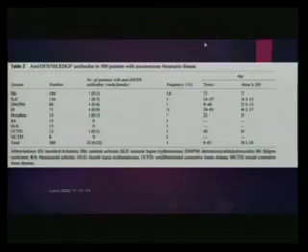Here you can see the different subgroups of the rheumatic disease patients, and out of 500, 22 showed the presence of this anti-DFS70 antibody. Out of that, 7 were lupus patients.